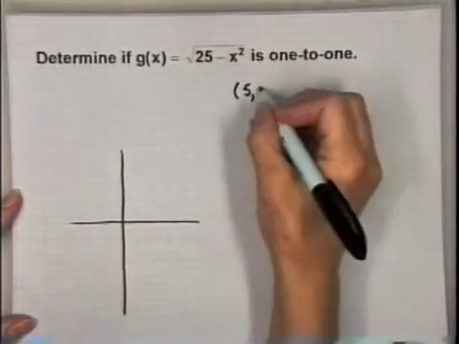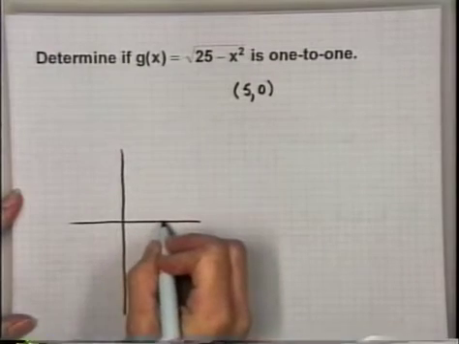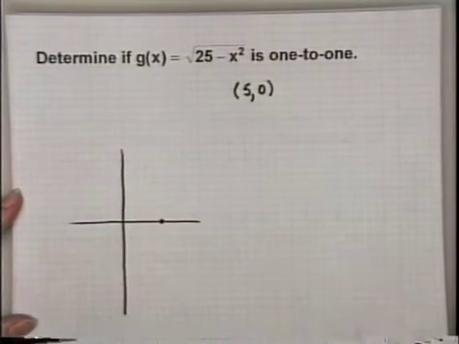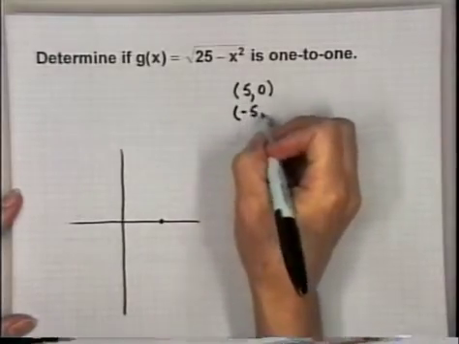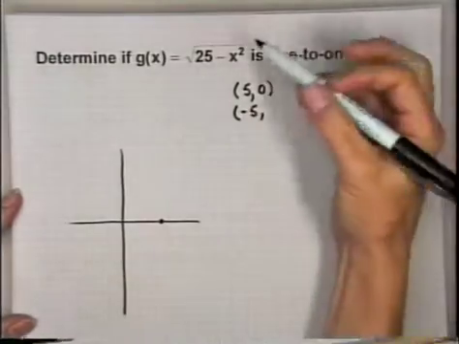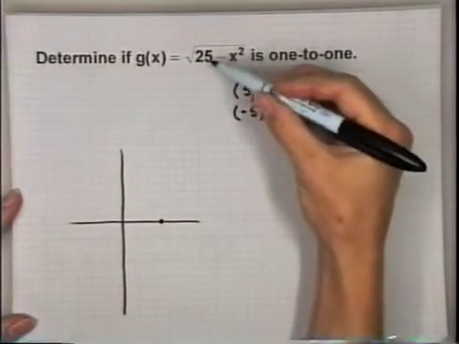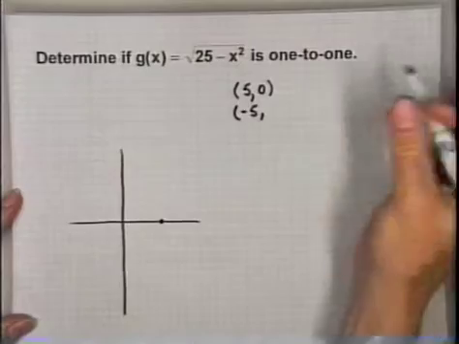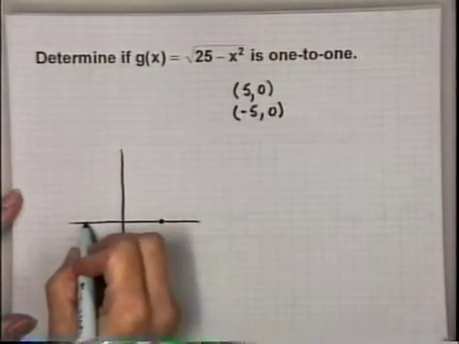The square root of 0 is 0. So I have this point right here. Okay. Notice also if I substitute negative 5 in for x, I'm going to square negative 5, which again gives me 25. 25 subtract 25 is 0. So I have this point.